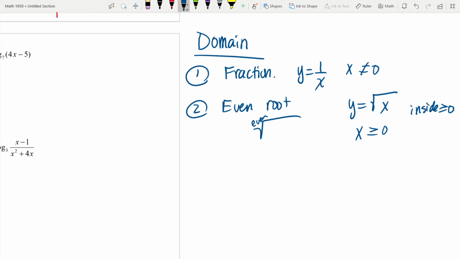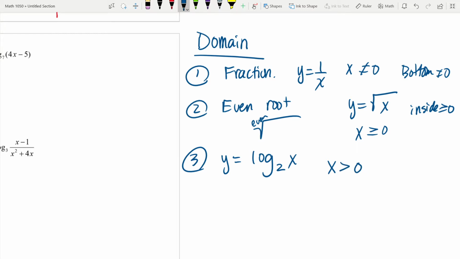And right here, we're going to say bottom cannot be 0. Okay, now we have a third one. If you have y equals log base 2 of x, or log base anything of x, as long as the base is 1 or bigger, the x must be greater than 0.